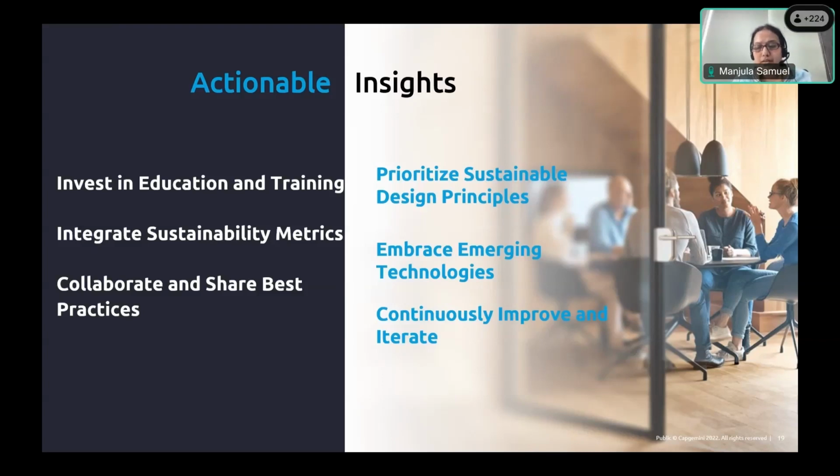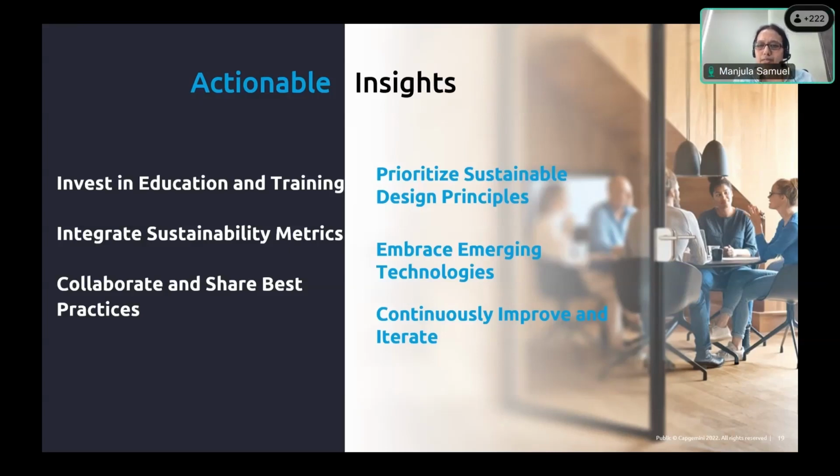Design systems that minimize waste, maximize efficiency, and promote environmental responsibility. Embrace emerging technologies and trends such as cloud computing and edge computing that offer opportunities for enhancing sustainability, and leverage these technologies to optimize resource usage and energy efficiency.